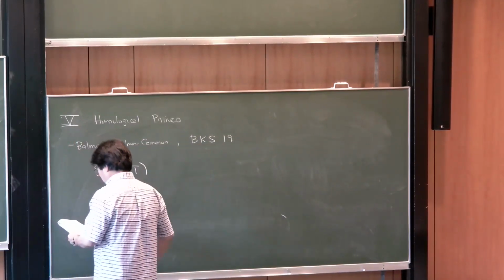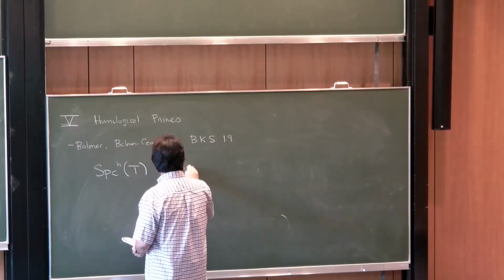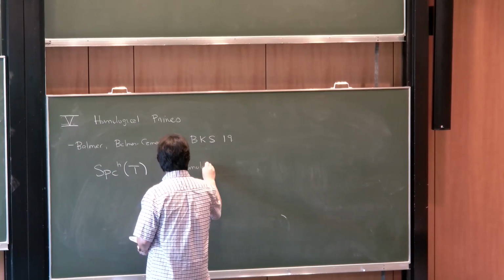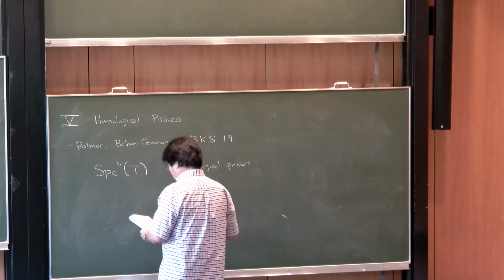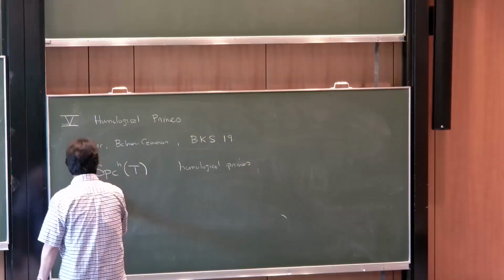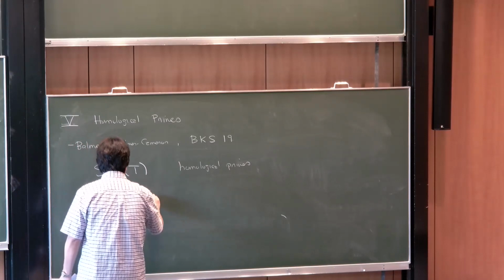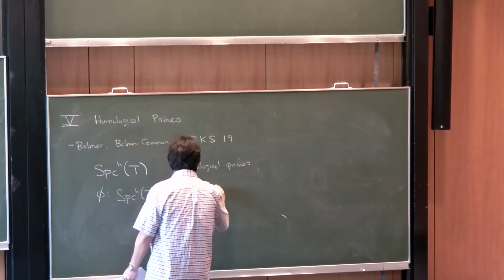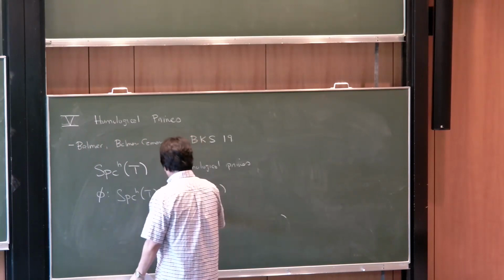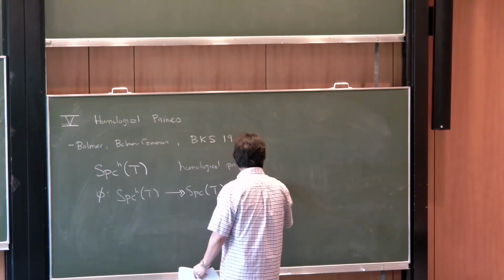You take a small rigid category and you can look at the homological primes. You have a comparison map which goes from Spc^H of T down to Spc of T. And it's surjective as long as T is rigid. So we have that in our case.